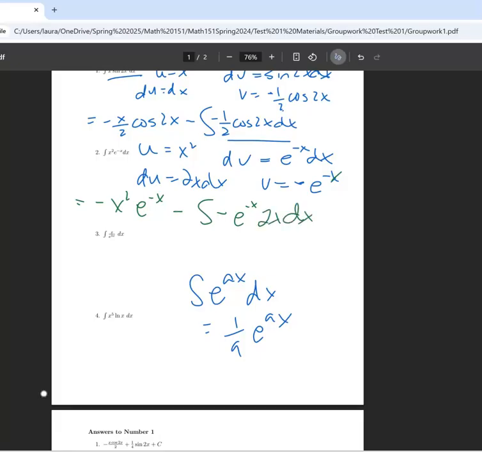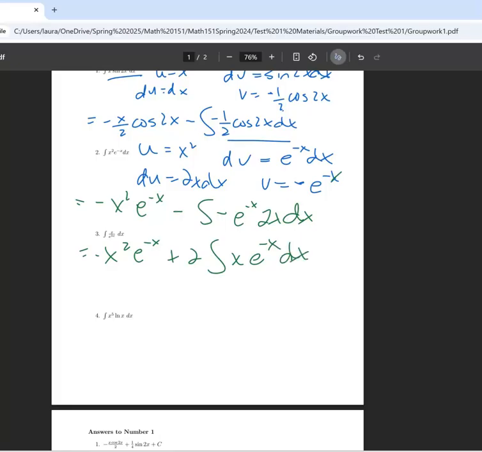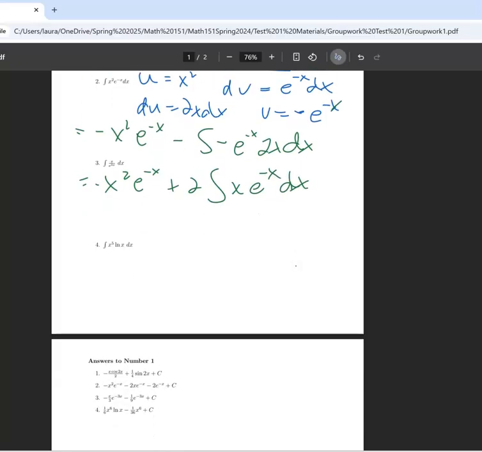Okay, so let's see what we've got. I would always suggest, it's not necessary, but I would always suggest cleaning up what you've got. So negative, negative, and a 2, so positive 2, x e to the negative x dx. Now, oh, look at that. This is another integration by parts where you let u equal the x.